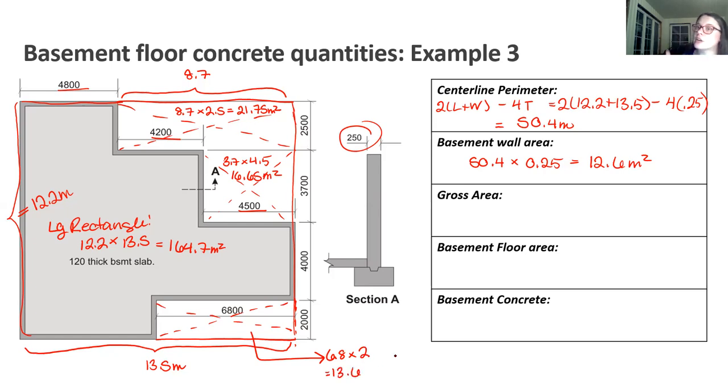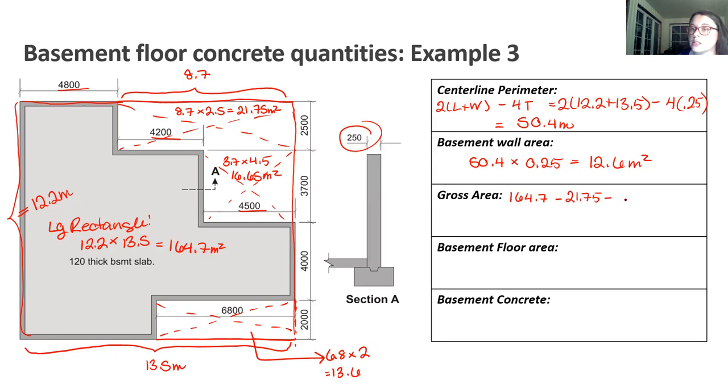So we have all of our areas calculated. Now I'm going to go to the gross area box and I'm going to compile everything together. So we start out with the big rectangle. So if there was no cutouts, it would be 164.7 minus the areas that are excluded, that we have the X's through. So we're going to subtract an area of 21.75.